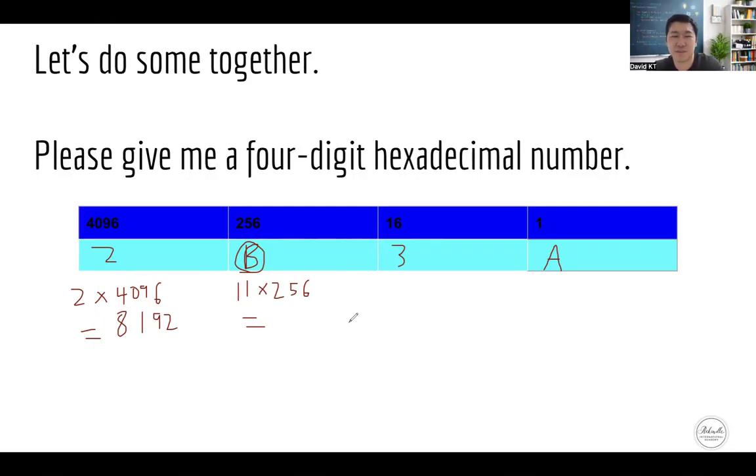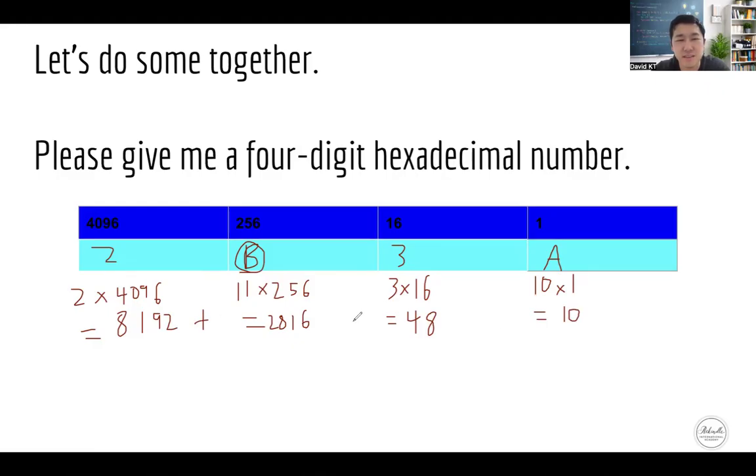So I'll bust out my calculator for this one. 2,816. 3 times 16 gives you 48. And then A is equal to what? 10. 10 times 1 gives you 10.